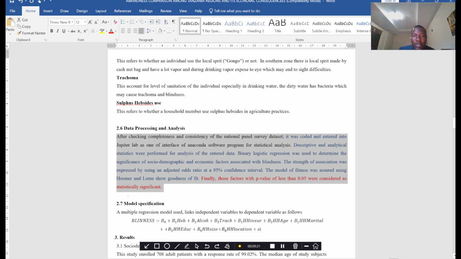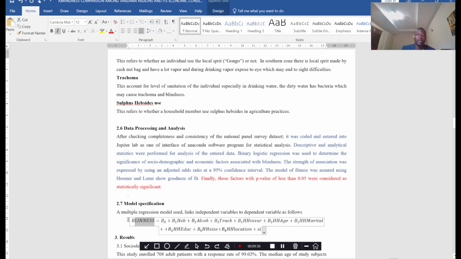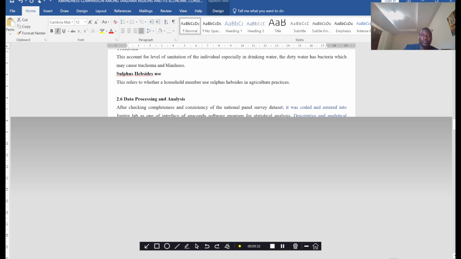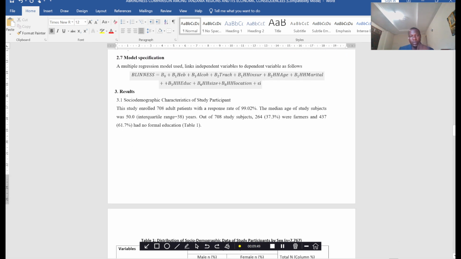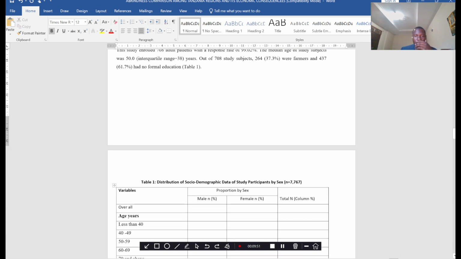Based on our dependent variable, blindness is either someone is blind or not, so it will be a logit model, yes or no, and the rest are the independent variables. These are the tables which we need to fill.